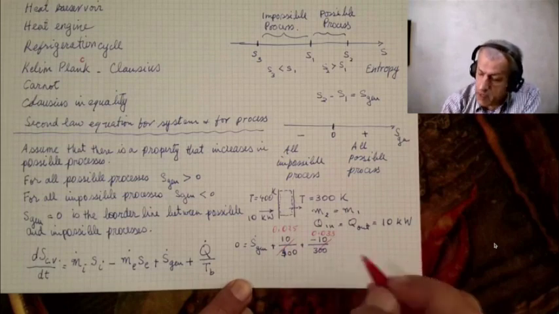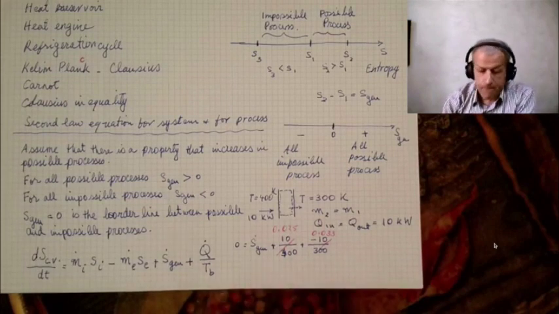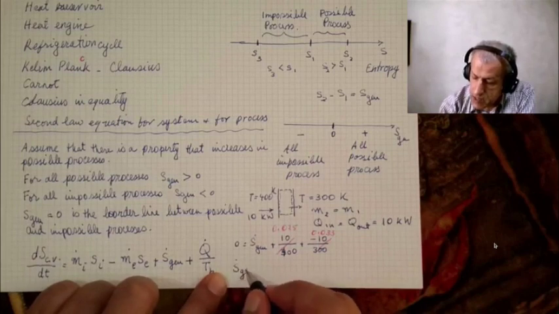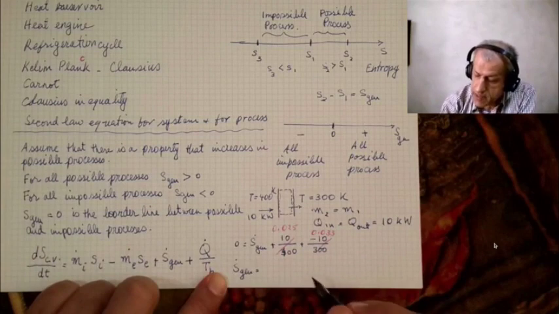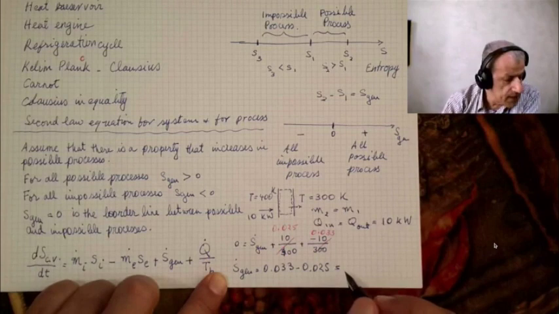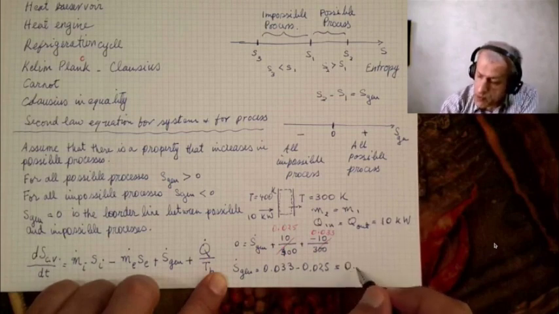Therefore S dot gen, bringing it to the other side, would equal 0.033 minus 0.025, and that equals 0.008.